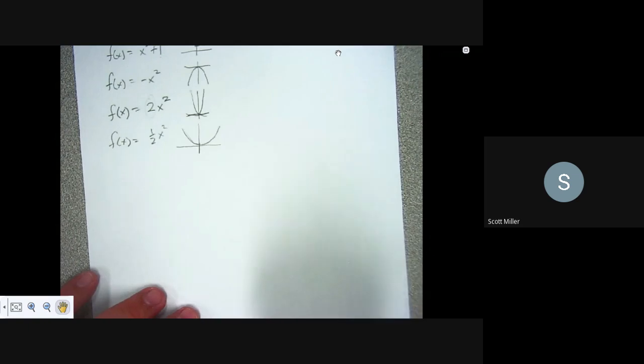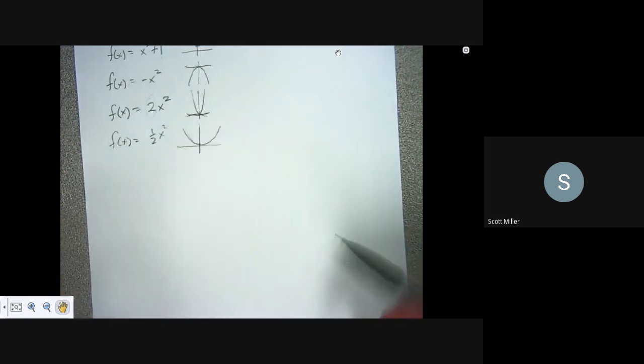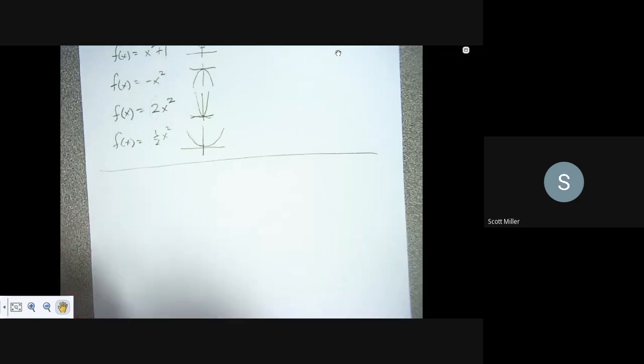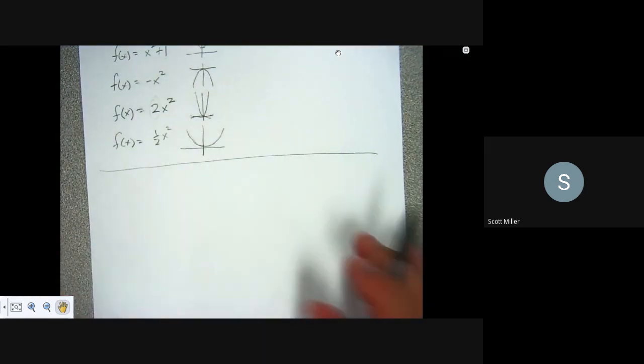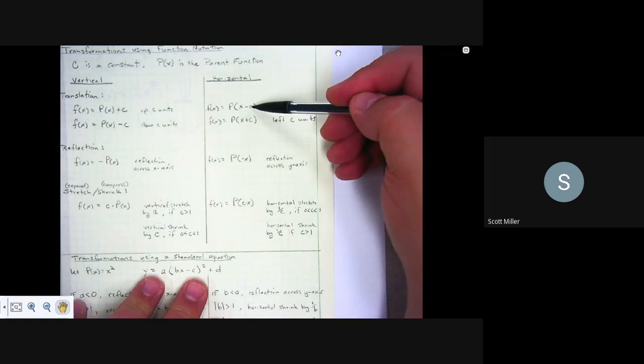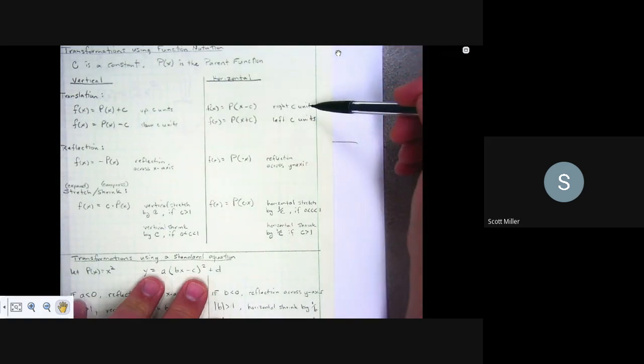What about horizontal? What's going on there? This one causes a little bit more confusion for some people, because it seems backwards than what would normally happen. So if I have x minus a number, then that means I'm going to move to the right that many units.